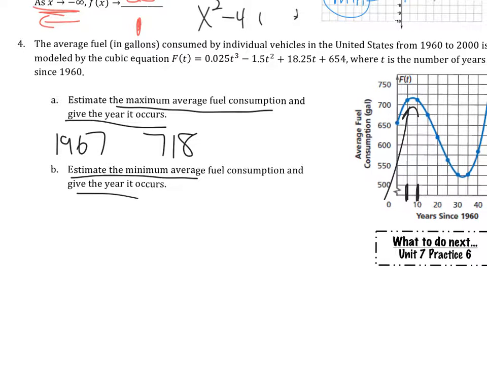Then my minimum is going to be right here. That's going to be probably at about year 31 or 32, so I'm going with 1992 or 1993, and that's going to be just under 525, so we'll call it 524. That would be my best guess.